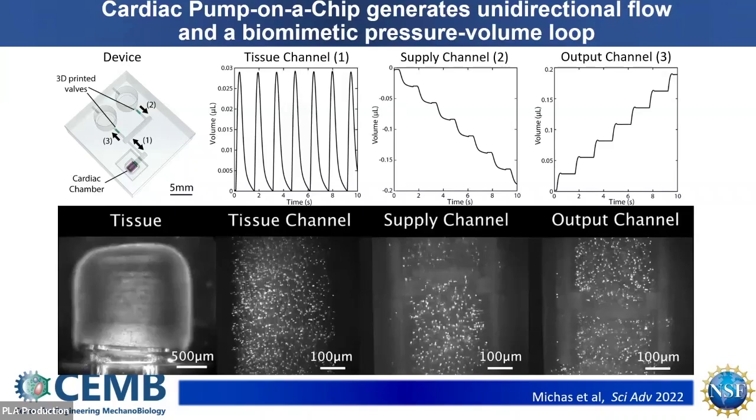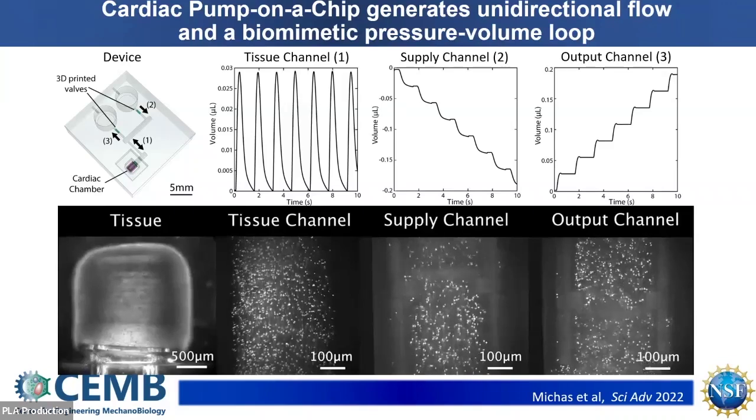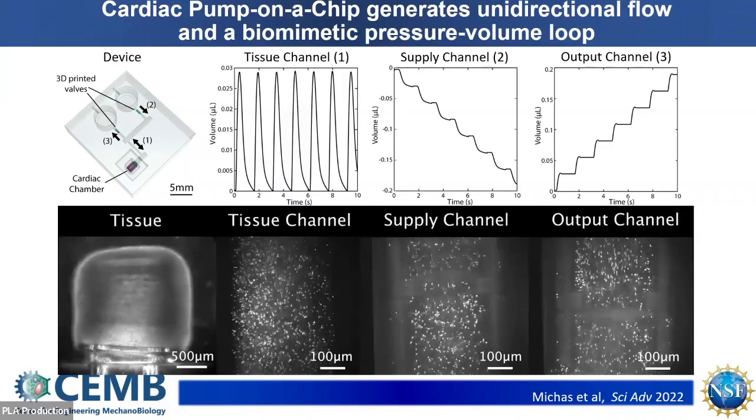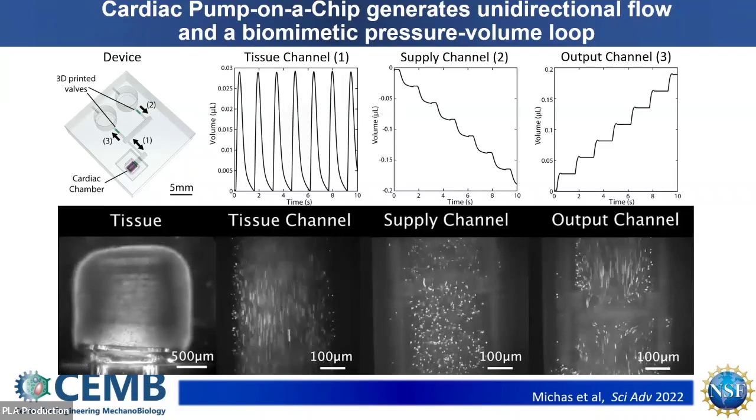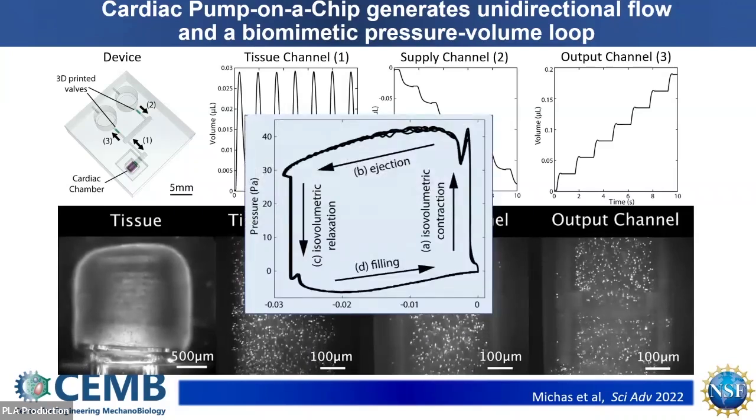And those things are happening at different times. So the supply channel goes in, and then you have the output channel. What that imitates, and what they were able to demonstrate, is that you are able to get this pressure volume loop, PV loop, generated in this device.